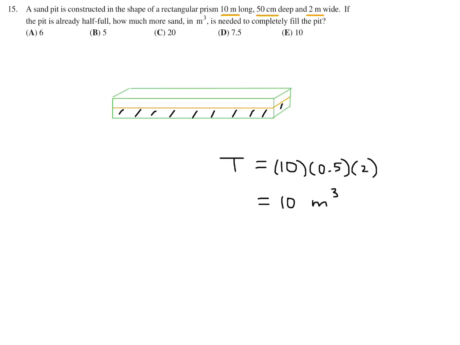So if it's half full, it's got 5 meters cubed already in there. And they want you to completely fill the pit. They're asking how much more sand do you need to add? Well, if the total volume of that box is 10 and you already have 5, you have to add an additional 5. So number 15, the answer would be B.